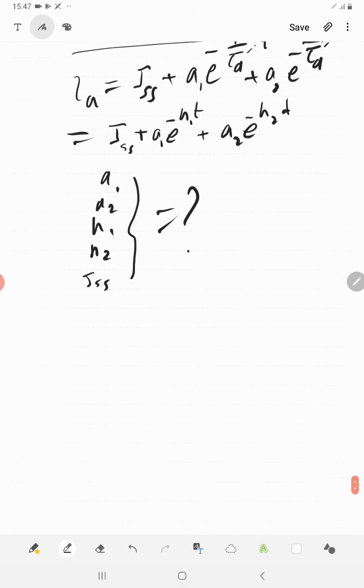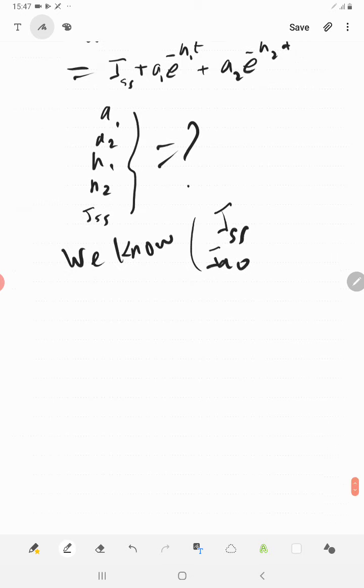Okay. Now we know I steady state. We know also IA naught. So IA naught should equal I steady state plus A1 plus A2. Okay.